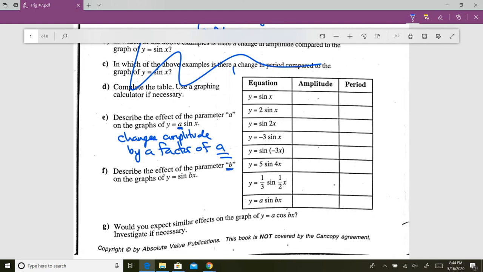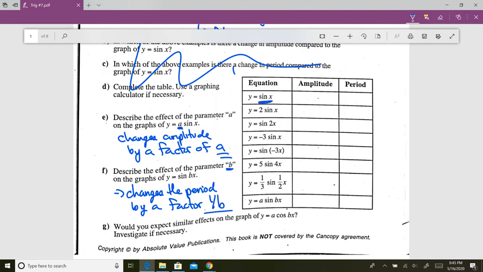The B value, now remember that compressed it sideways, horizontally. That changes the period of the graph by a factor of 1 over B. That's the key, it's 1 over B.